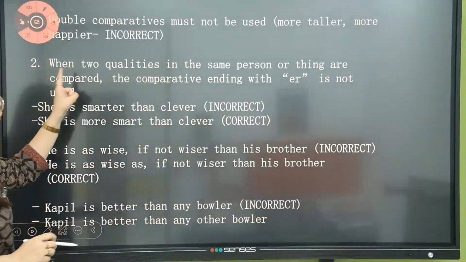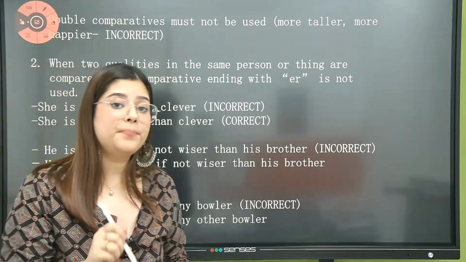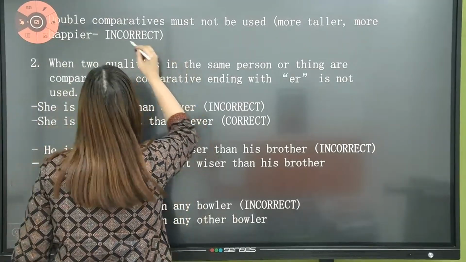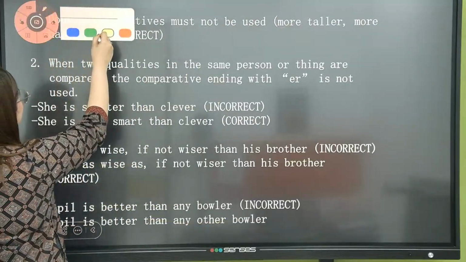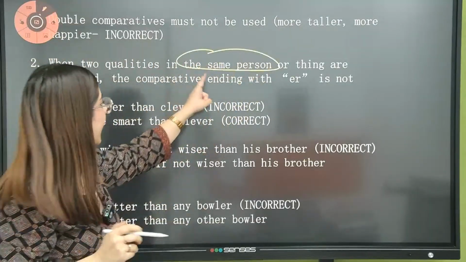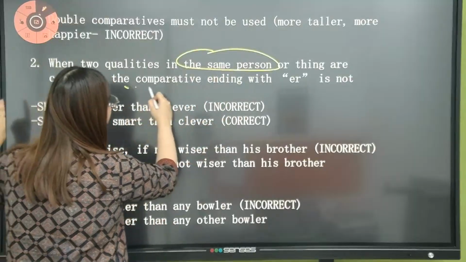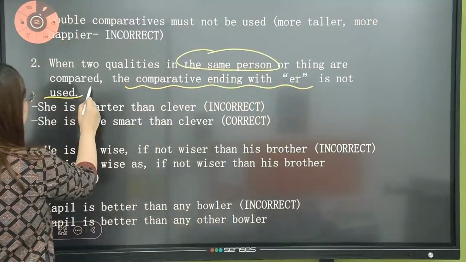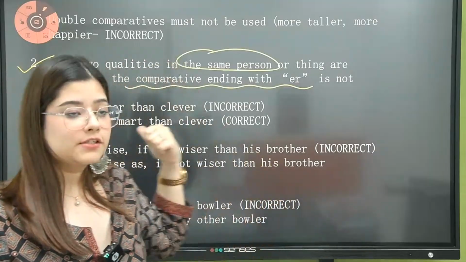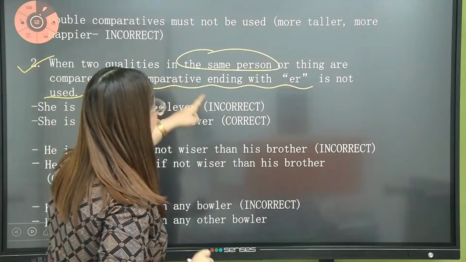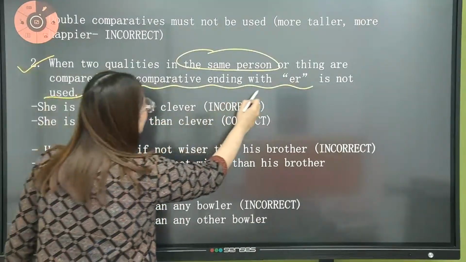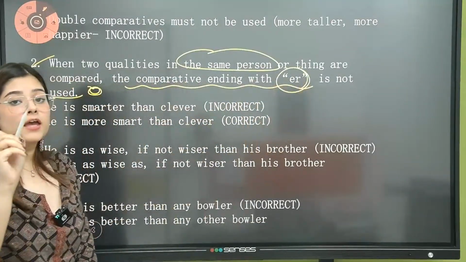Next, when two qualities in the same person are compared, I'm comparing two qualities of the same person, then the comparative ending with er is not used. Please, this is very important. When two qualities in the same person are being compared, then the comparative ending with er is not used.